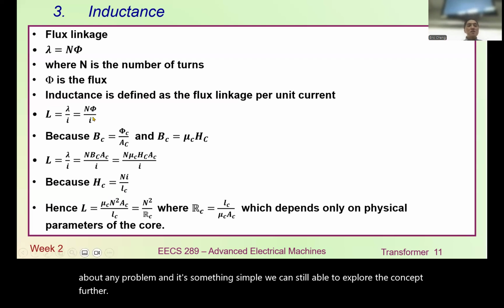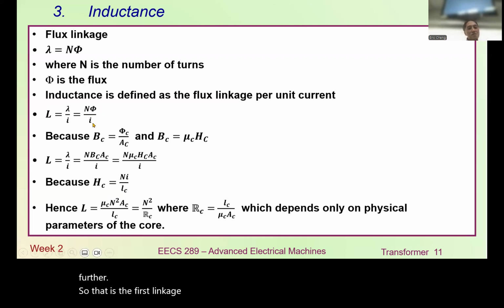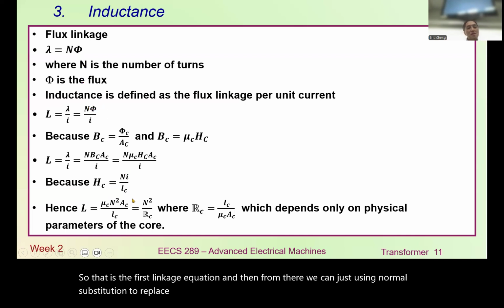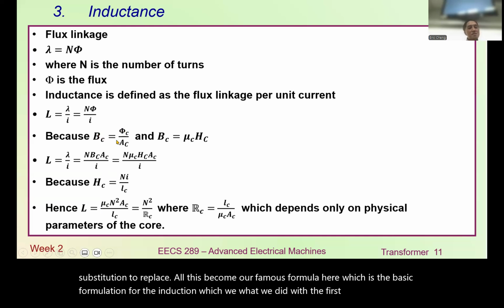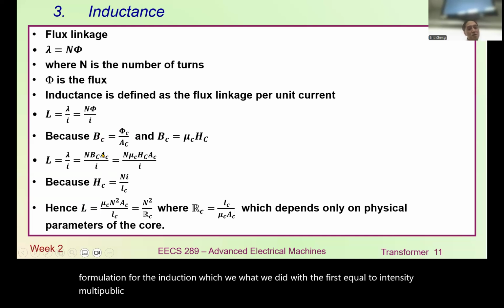So that is the flux linkage equation. And then from there, we can use normal substitution to replace all this and become our famous formula, which is the basic formulation for the inductance. The flux equals flux density multiplied by area. We put that in here, and then H relates to the B field by this mu formula.